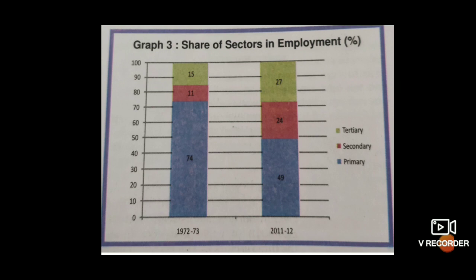Coming to the third graph, the share of sectors in the case of employment. If you see 72 and 73, what do you observe? Share of employment in three sectors, 72-73 and 2011-12. The primary sector continues to be the largest employer even now. 74% of people are working in the primary sector, 11% in the secondary sector and 15% in the tertiary sector in the year 72-73.